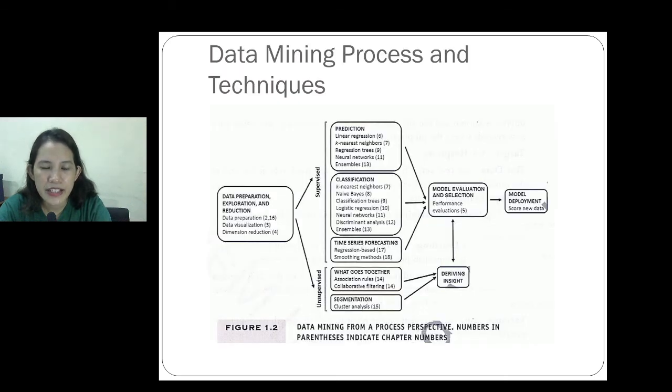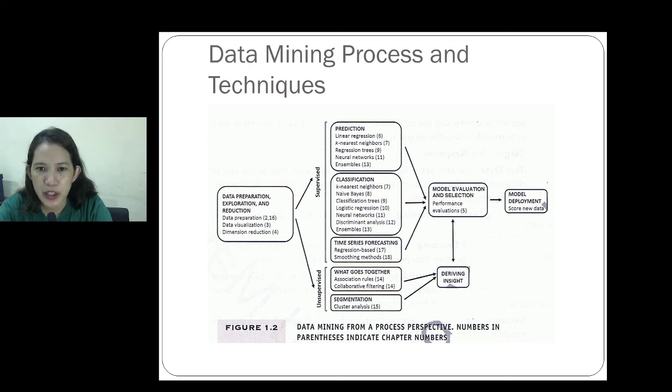Here are the different data mining concepts and techniques that we will cover in our course. First, we have data preparation, exploration, and reduction techniques, and then we'll also cover unsupervised and supervised techniques.